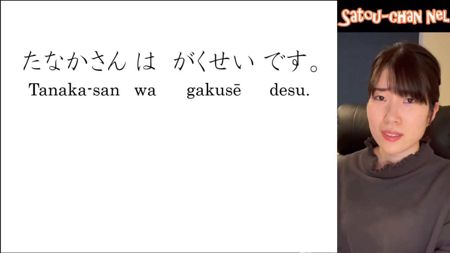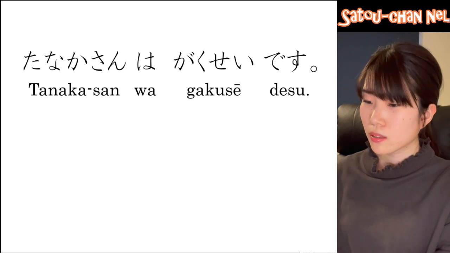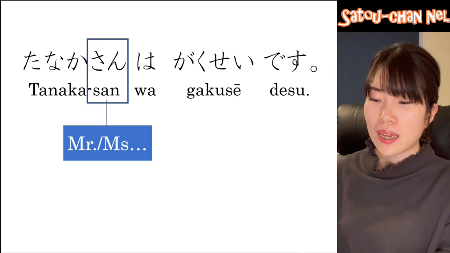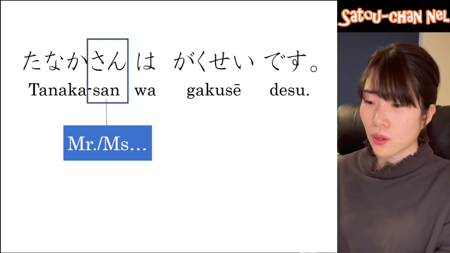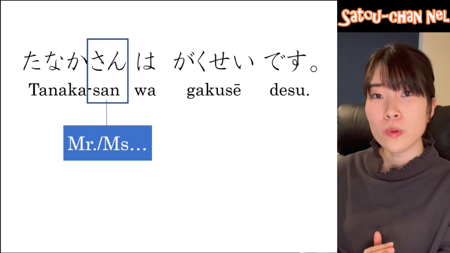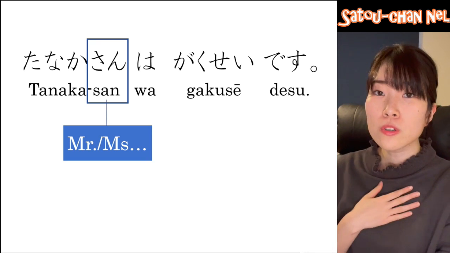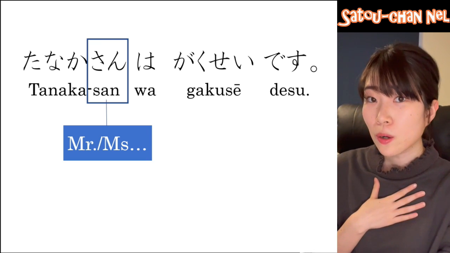And what is san after the name? It's like Mr. or Miss in English. But it's not that formal all the time. For example, I have a friend, her name is Lisa, and I always call her Lisa-san because she's older than me and I want to show her some respect and politeness.